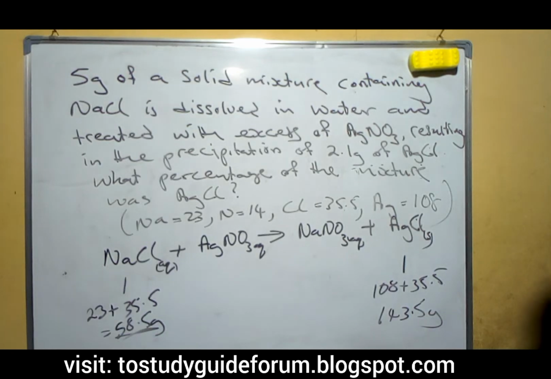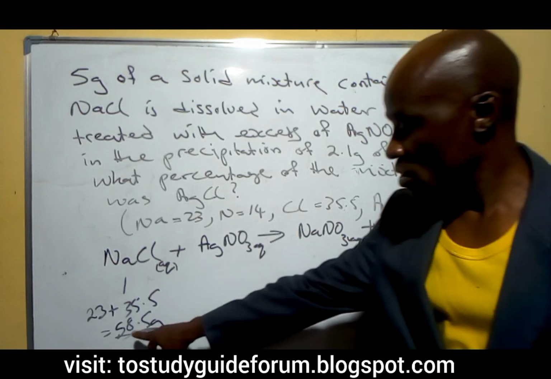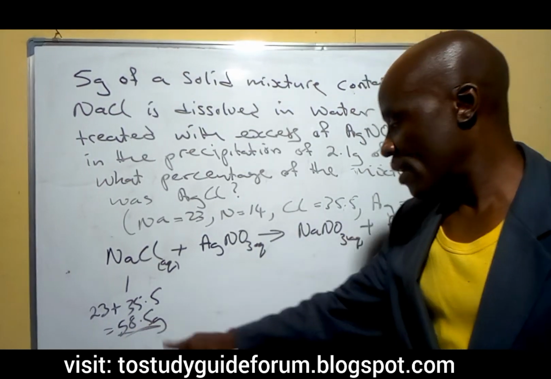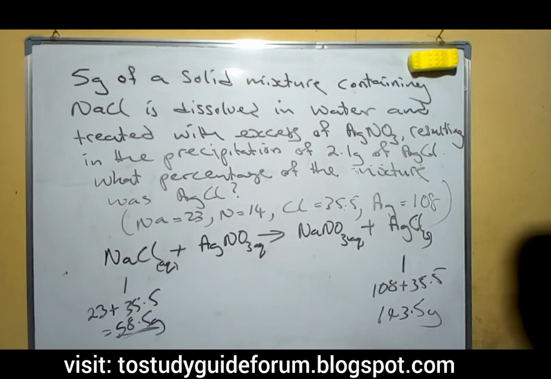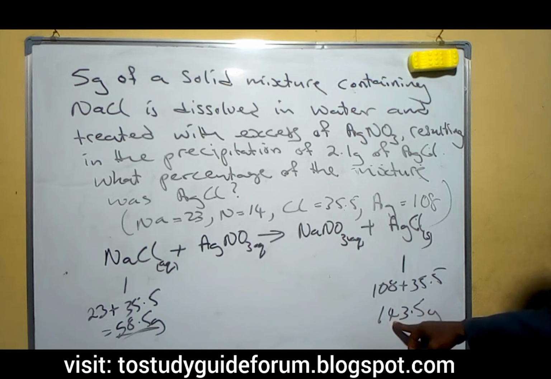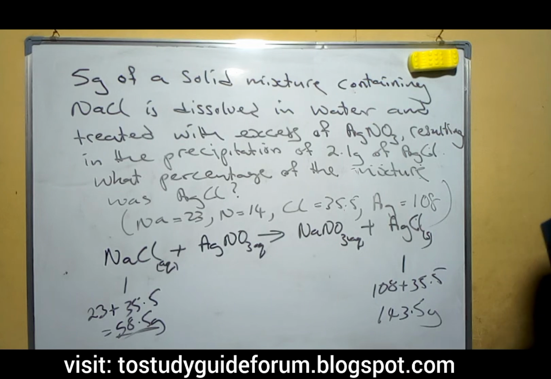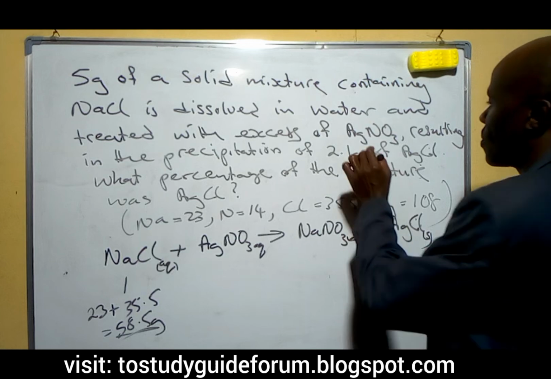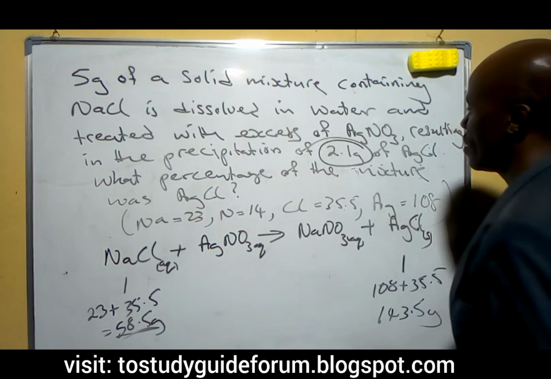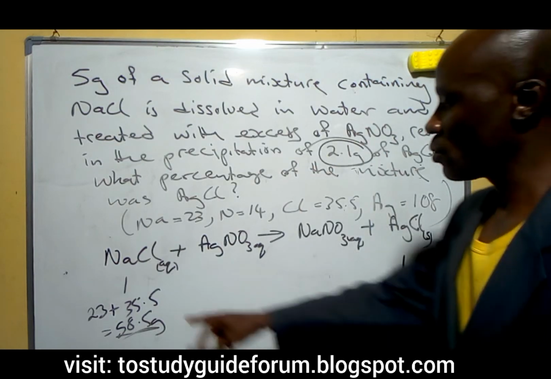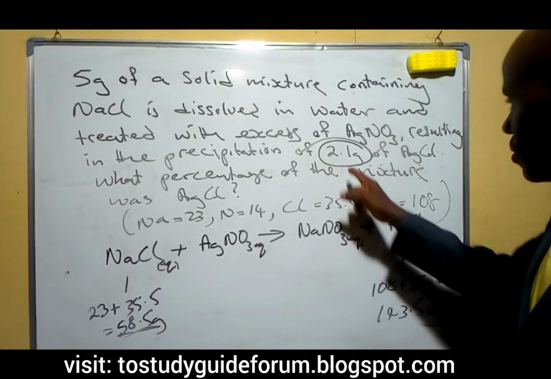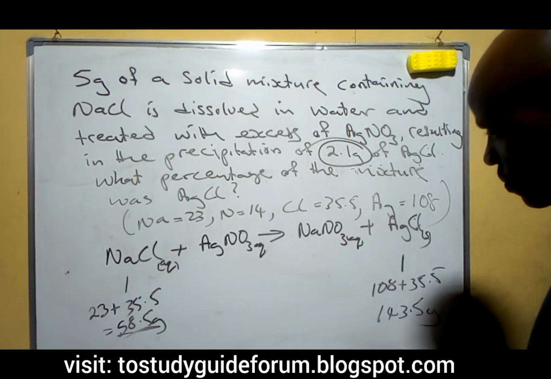What it means here is that 58.5 grams of sodium chloride will give us 143.5 grams of silver chloride. But in this question, we want to find out how many grams of sodium chloride will give us this.